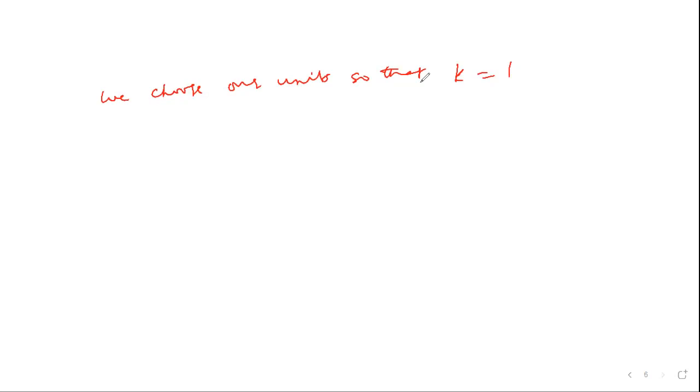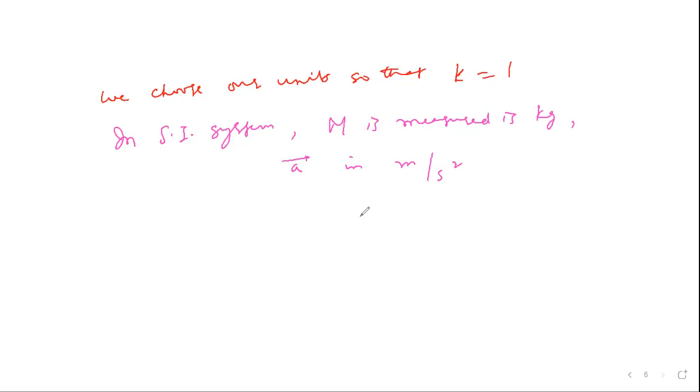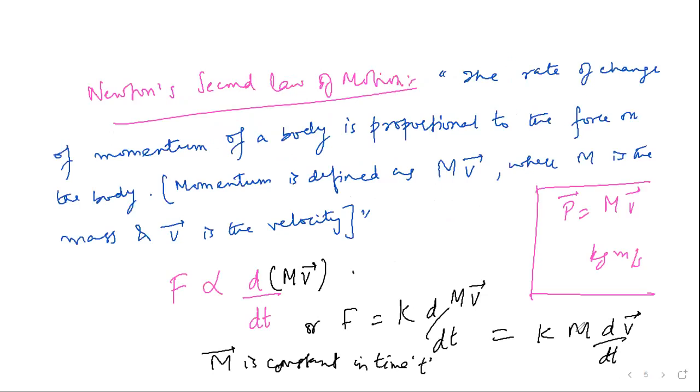In the SI system, International System of Units, m is measured in kilograms, kg. a is measured in meters per second square, and F is measured in Newton. We say when m is 1, right?